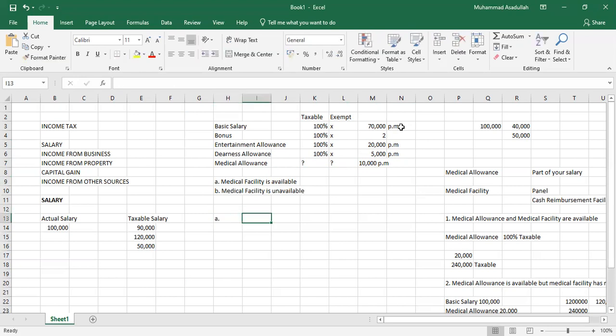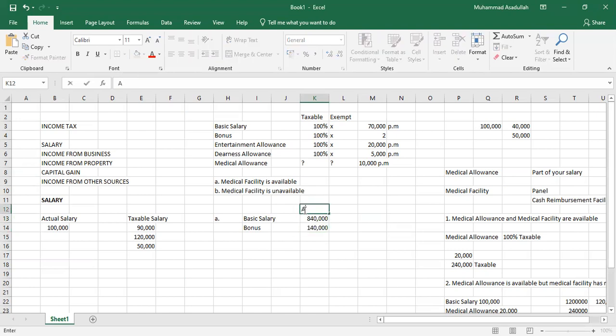We have a basic salary of 70,000 per month. When we multiply by 12, we will get 8,40,000 rupees. Now the bonus. Two bonuses means you have received two basic salaries as a bonus. The basic salary is 70,000 rupees, and when you multiply by 2, the value is 1,40,000. Basic salary is 100% taxable, and the bonus is also 100% taxable.